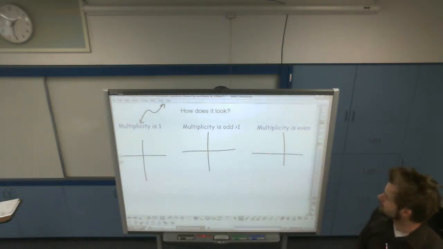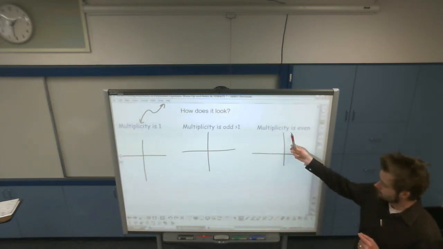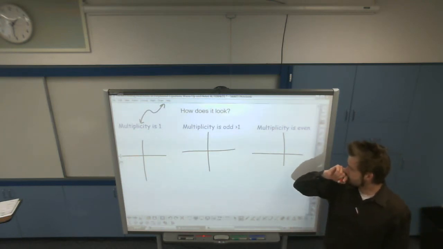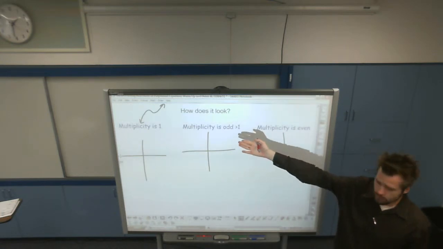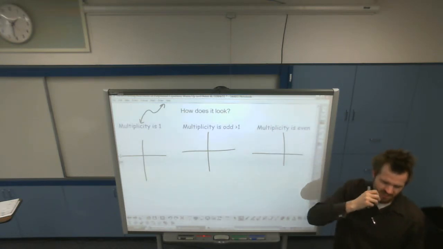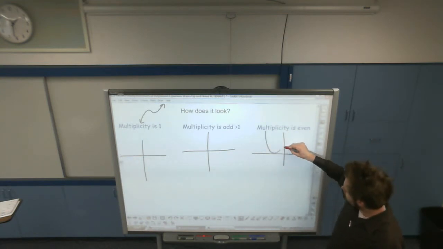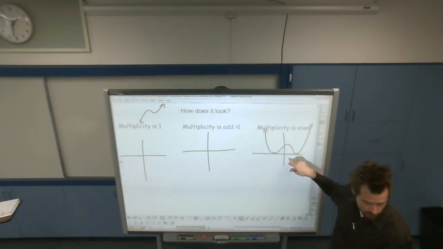I'll start with the one that's, in my opinion, a little easier. You might disagree. I'm going to start with this guy. Multiplicity is even. Now, I said to use an S-shaped curve. Some of you were like, I'm not going to do that, I'm going to do a W-shaped curve. And you did something like this, where clearly it was touching in two places, and that is even multiplicity.